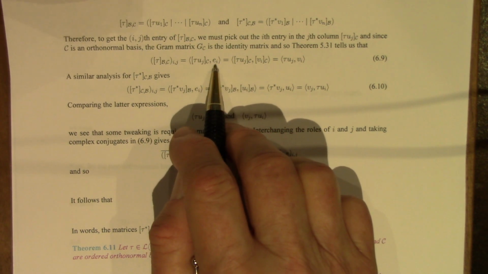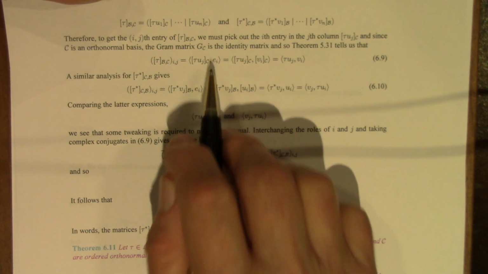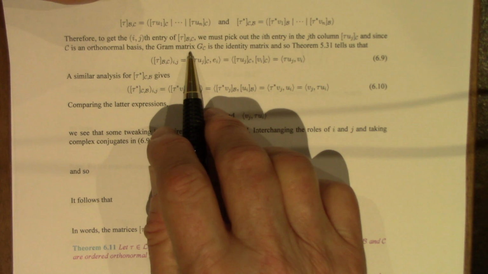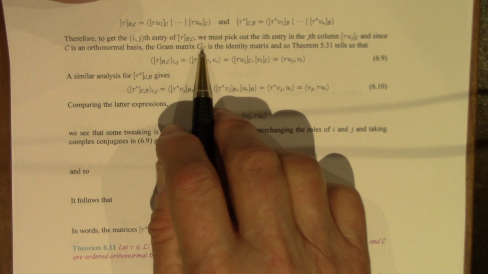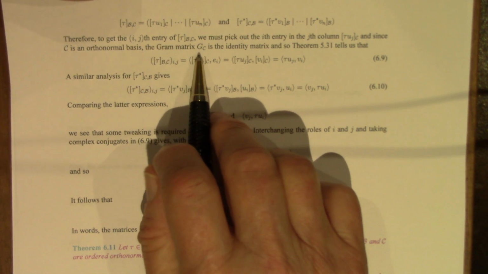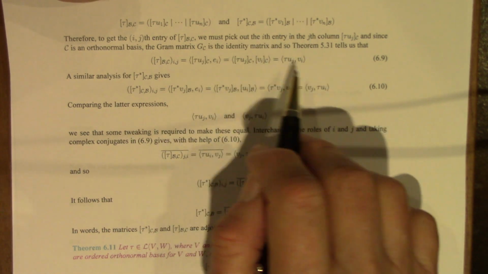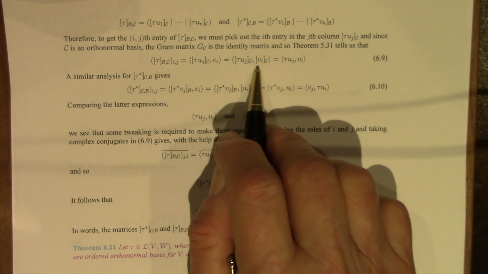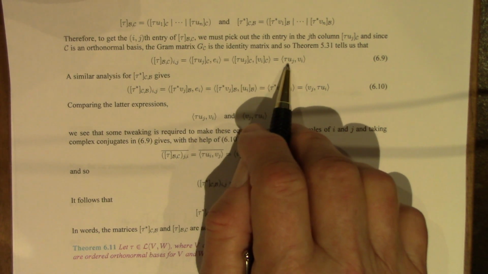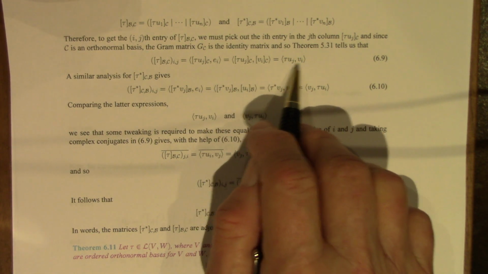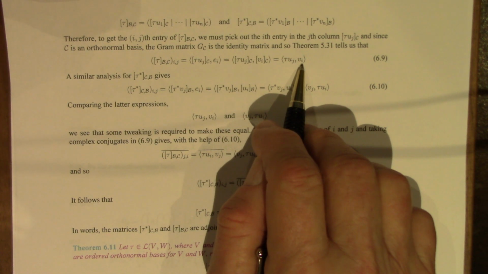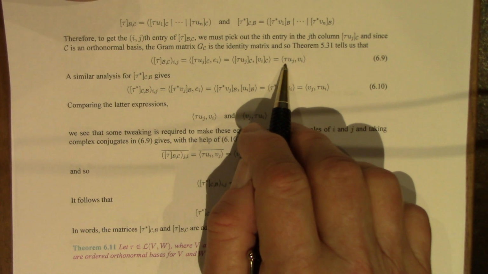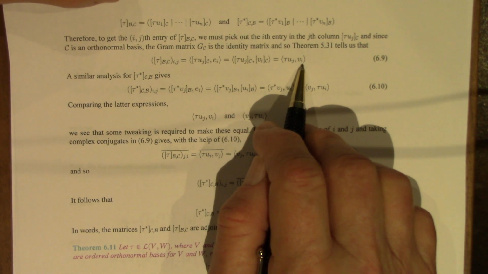This is the standard basis vector. Now, because C is an orthonormal basis, we've used this many times in the past, the Gram matrix is the identity matrix, and so the standard inner product of the coordinate matrices is the same as the inner product of the vectors. We usually use it in the opposite direction. So we get tau uj, vi.